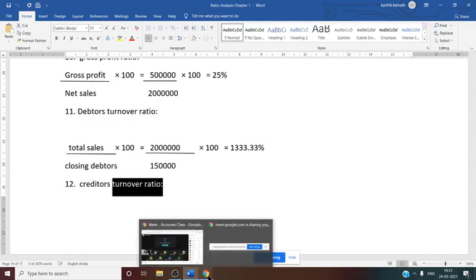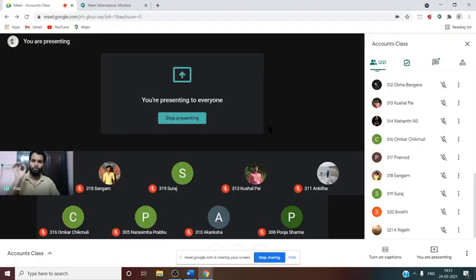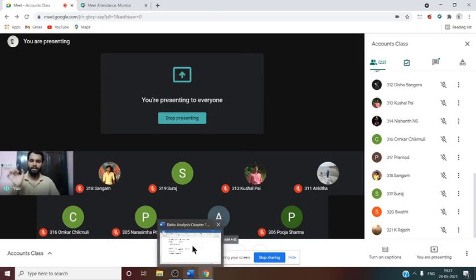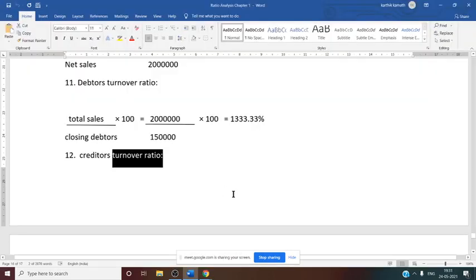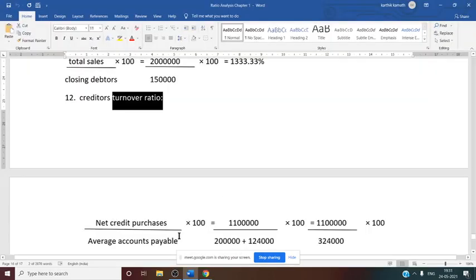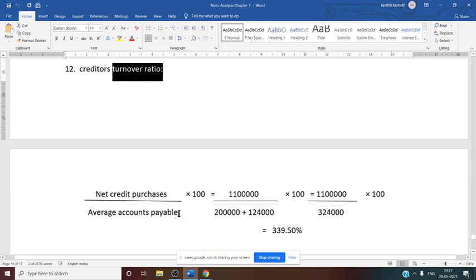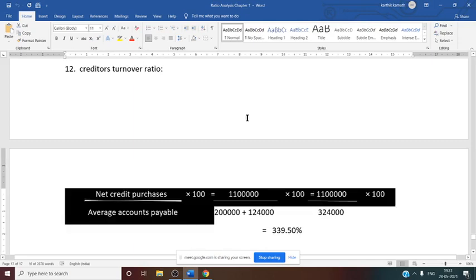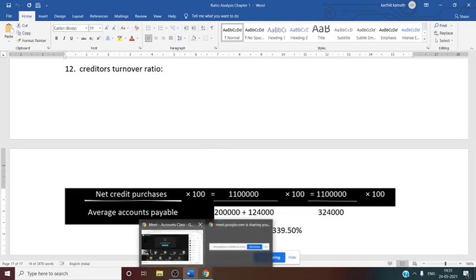So whenever it regards to debtor, it is concerned with the sale; whenever there is a creditor, it is concerned with the purchases. So here purchases, if you see, creditor turnover ratio, net credit purchases. See this now formula, net credit purchases divided by average accounts payable into 100. So net credit purchases is nothing but purchase minus purchase return.